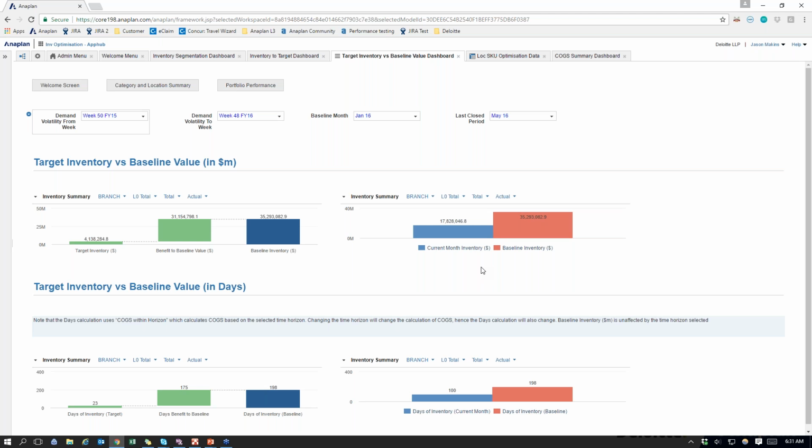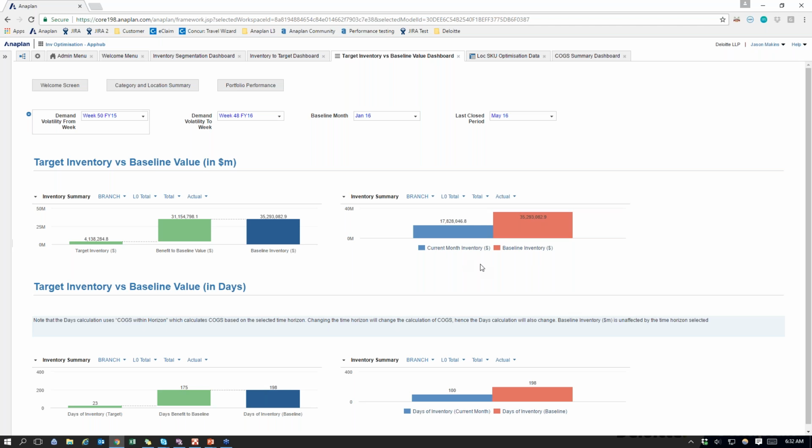And then just over here, current month inventory against baseline. So you can see in this case, while our original benefit, we had sized at about 31 million across the business, when I compare that to how much inventory I'm holding right now, I've actually seen some improvements in the last few months after running a few months of initiatives to move stock to the right places or clear it out or make some decisions on product lines.